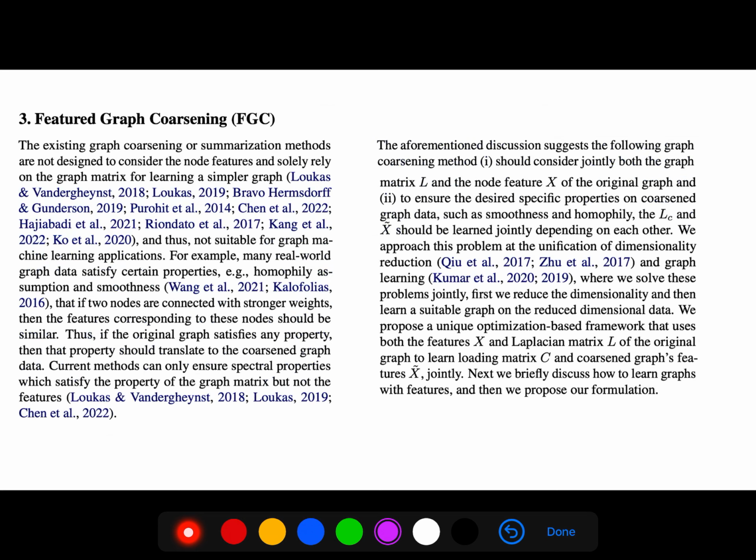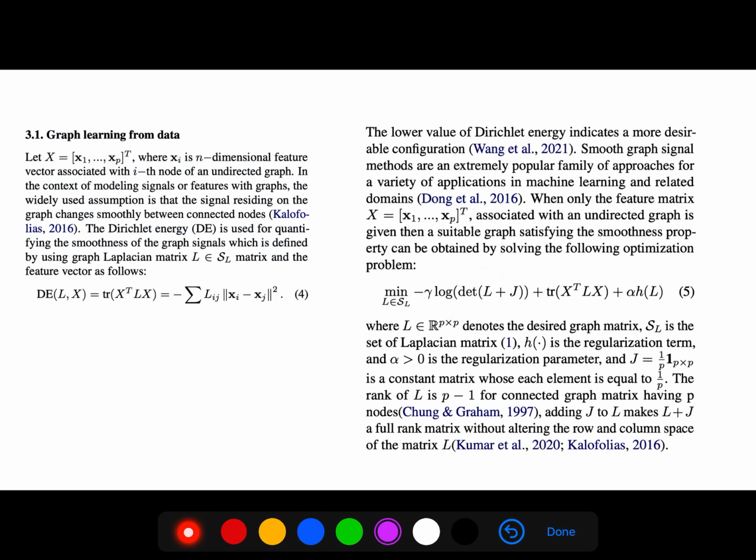The existing graph coarsening or summarization methods are not designed to consider the node features and solely rely on the graph matrix for learning a simpler graph. So the Dirichlet energy is used for quantifying the smoothness of graph signals that you see here.